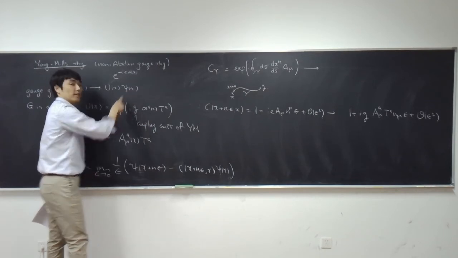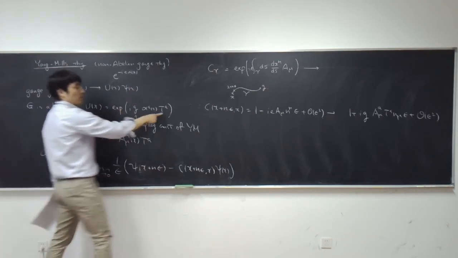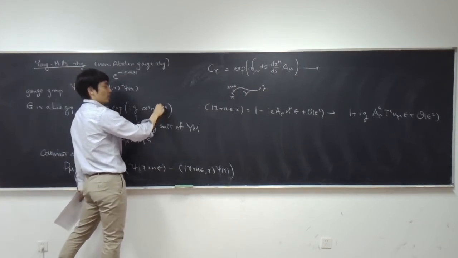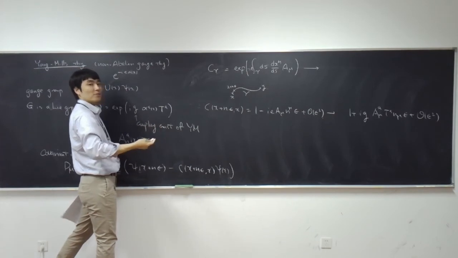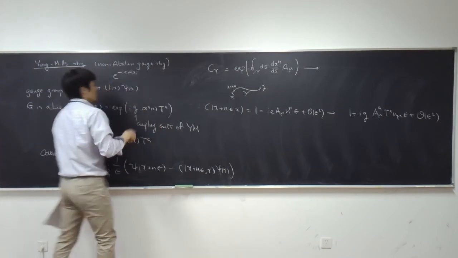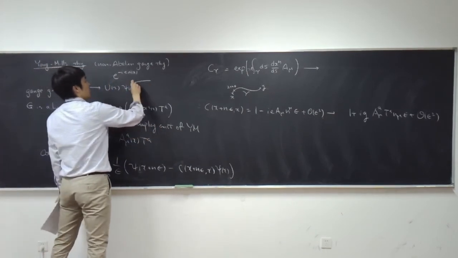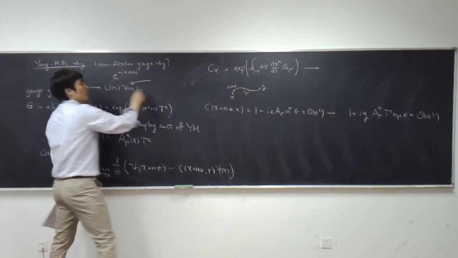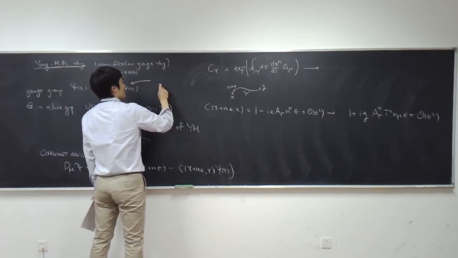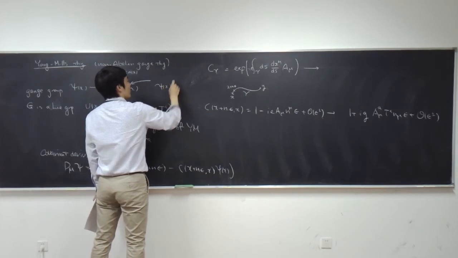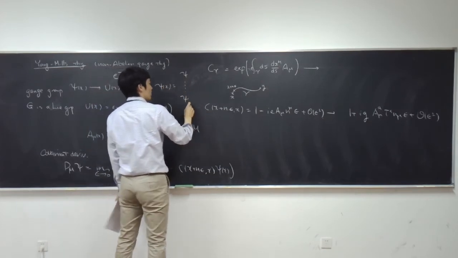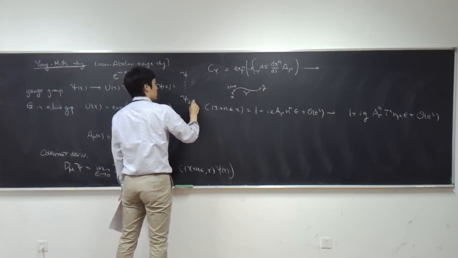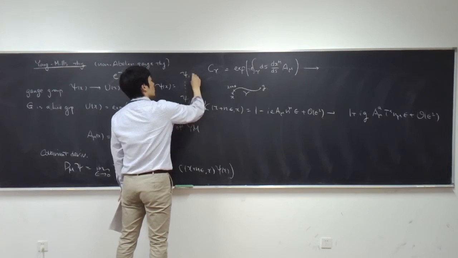Here it's just the fundamental representation; capital T^a is the fundamental representation, of dimension d_fund. Now the Dirac field takes the following form: phi_1 of x up to phi_d_fund of x.